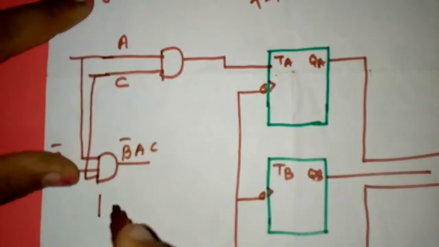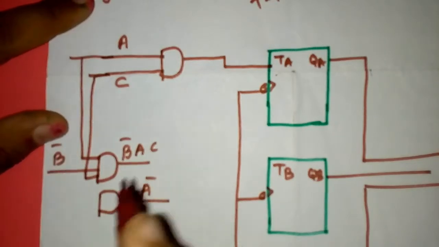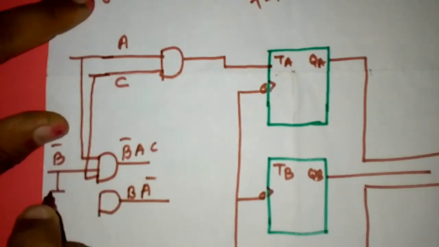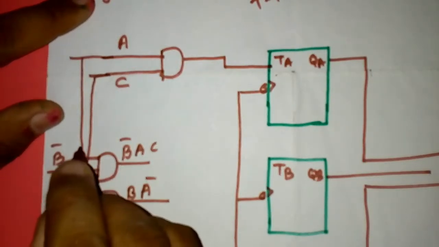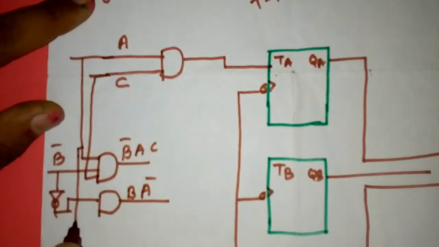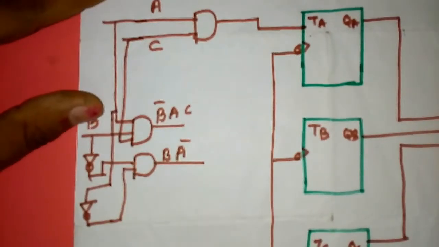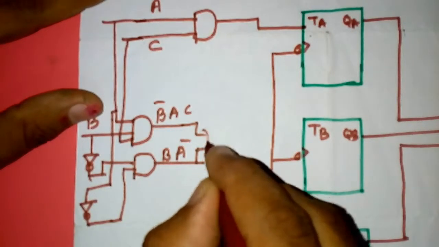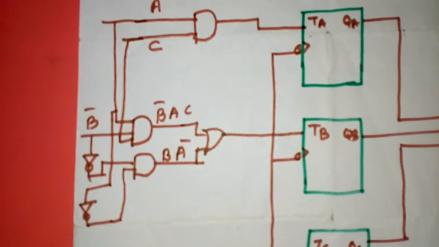Another gate is B A bar. So this one is B, we use one inverter, and A bar; this one is A, we give one inverter, this one A bar. After that we combine these with an OR gate, and we get the input for T of B.